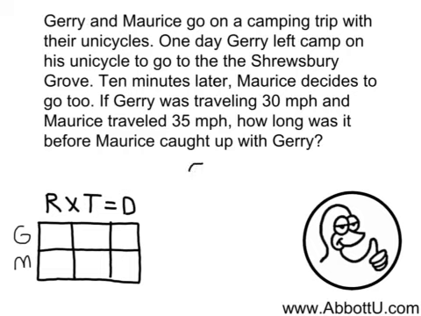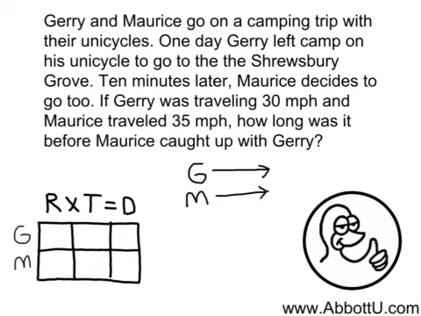So here he is, G, and he's camping, and then he goes this way. Now we'll just assume that the Shrewsbury Grove is over here. And he goes in that direction, and Maurice goes in the same direction, although he does leave 10 minutes later, according to the problem.